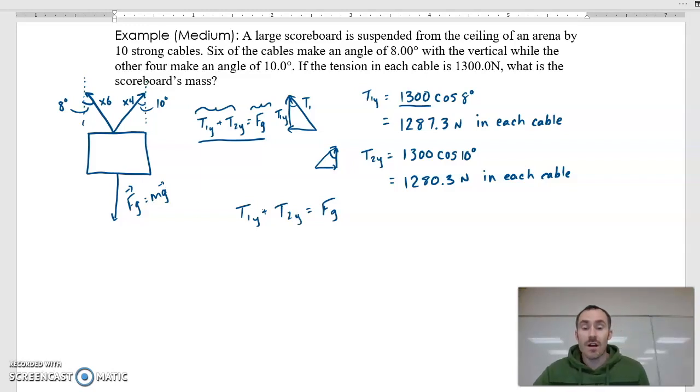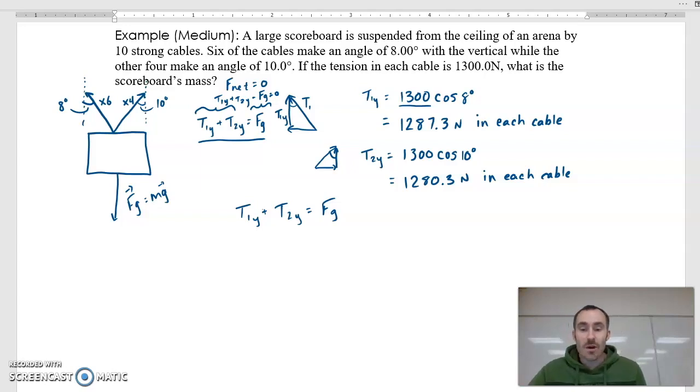So I don't need to put in negatives anywhere at this point, because I have already put in the directions at the very beginning. The very beginning would have been F net equals 0, and then T1y plus T2y minus the force of gravity equals 0, and then you move the force of gravity to the other side. So I do not need to call the force of gravity negative here. I already did that at the beginning.